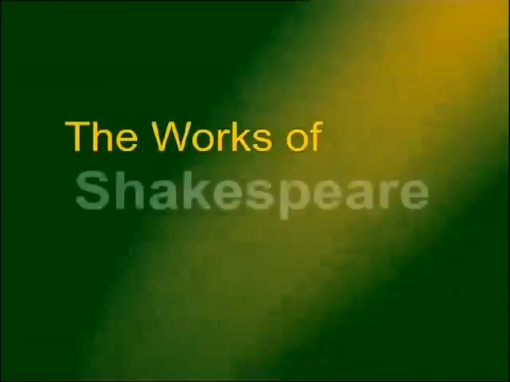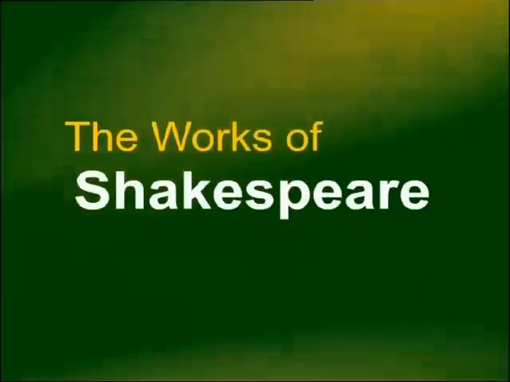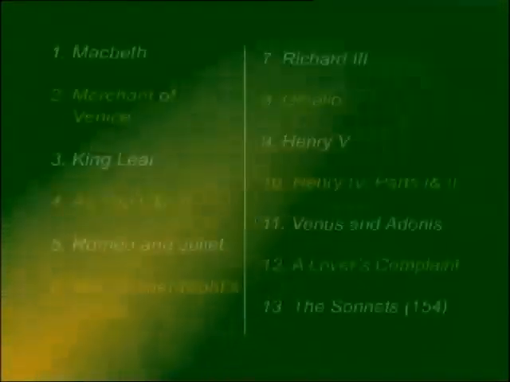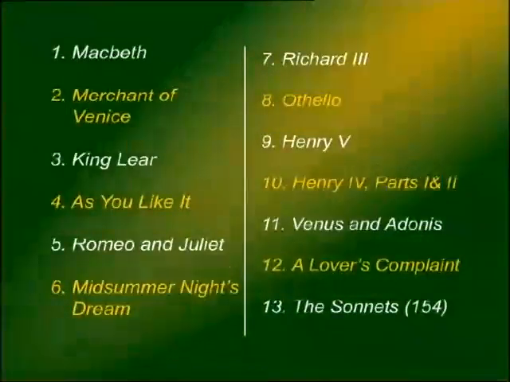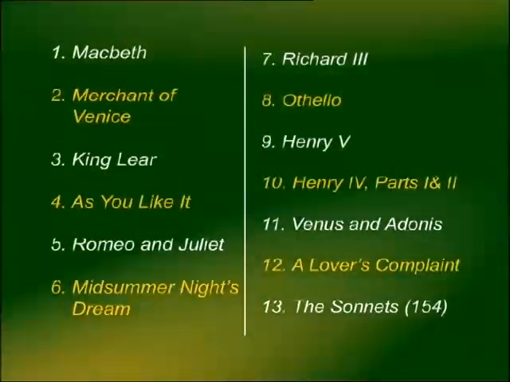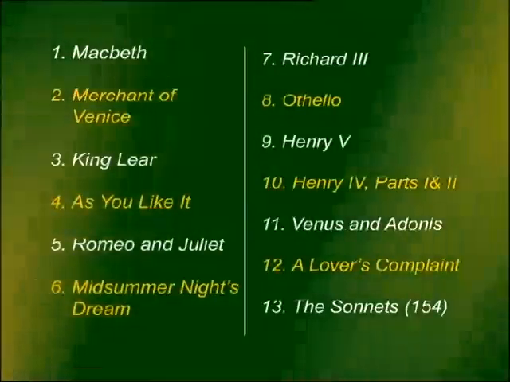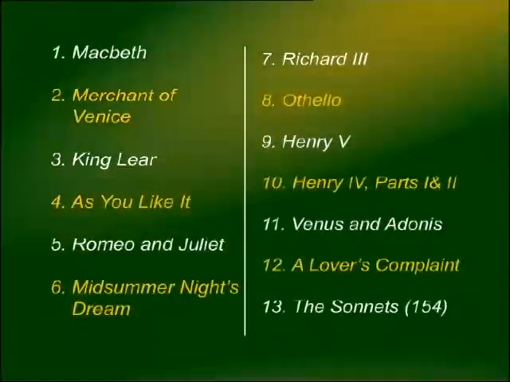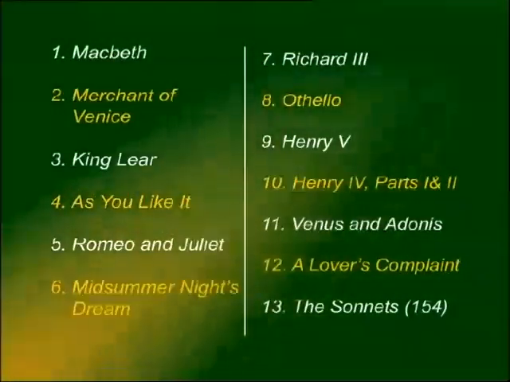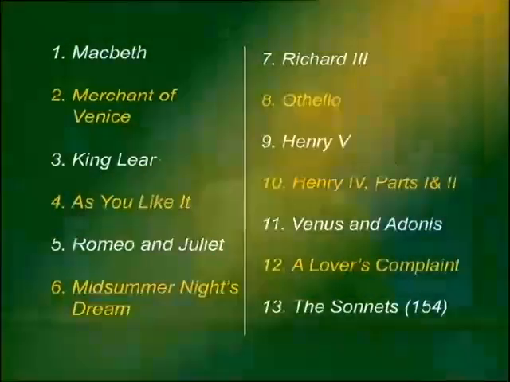There is Macbeth, Merchant of Venice, King Lear, As You Like It, Romeo and Juliet, Midsummer Night's Dream, Richard III, Othello, Henry V, Henry IV, Parts 1 and 2, Venus and Adonis, A Lover's Complaint. These are poems. And then he's written a whole lot of sonnets, I think around 154.